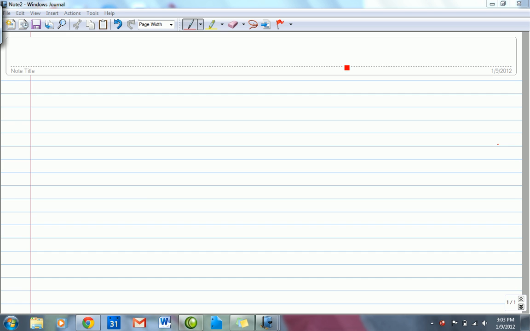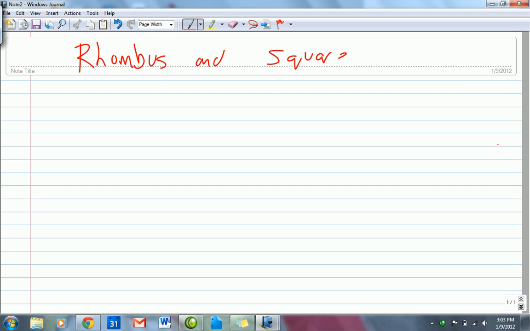In this video, I'm going to explain two other quadrilaterals, and those two particular quadrilaterals are going to be a rhombus and a square. Okay, so first we start with the definition. Now, a rhombus, by definition, looks like this.